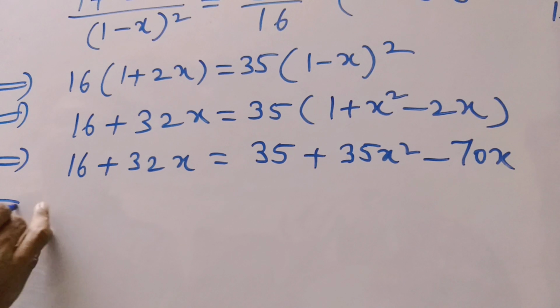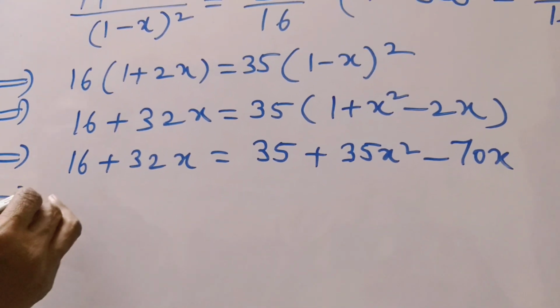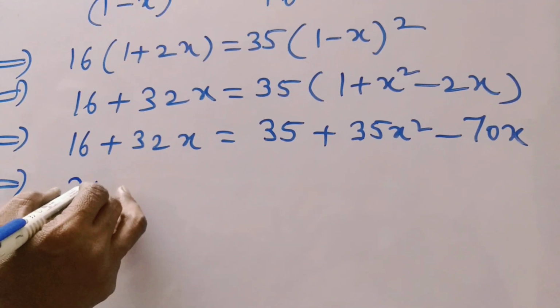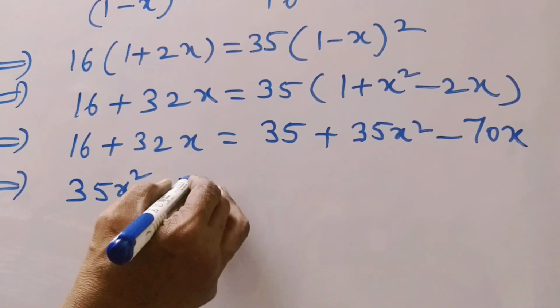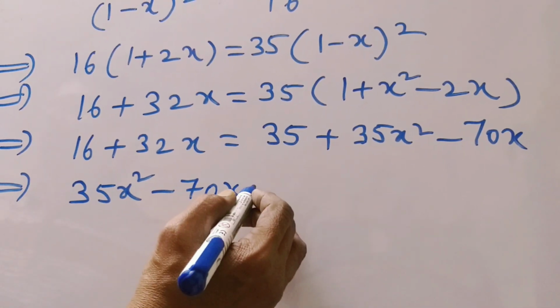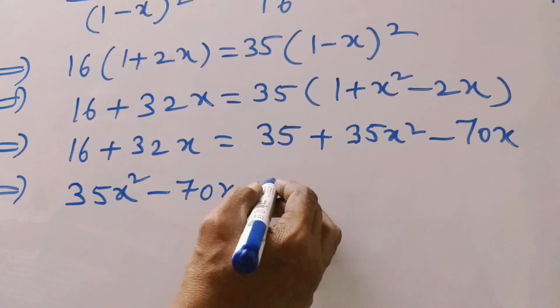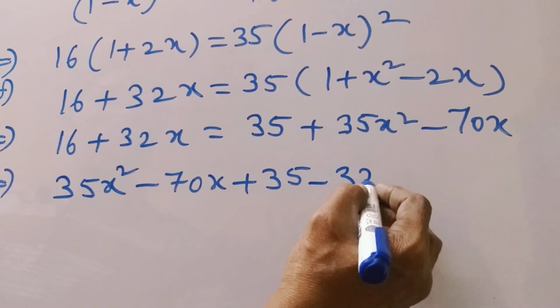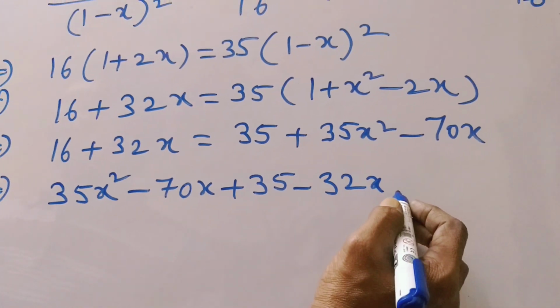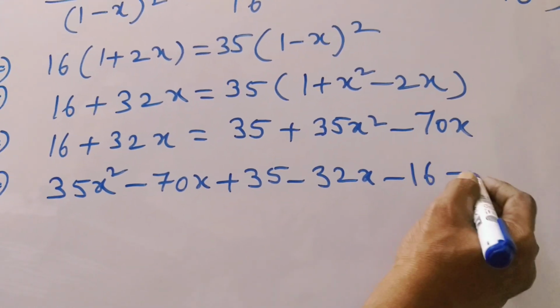So 35x square minus 70x plus 35 minus 32x minus 16 is equal to 0.